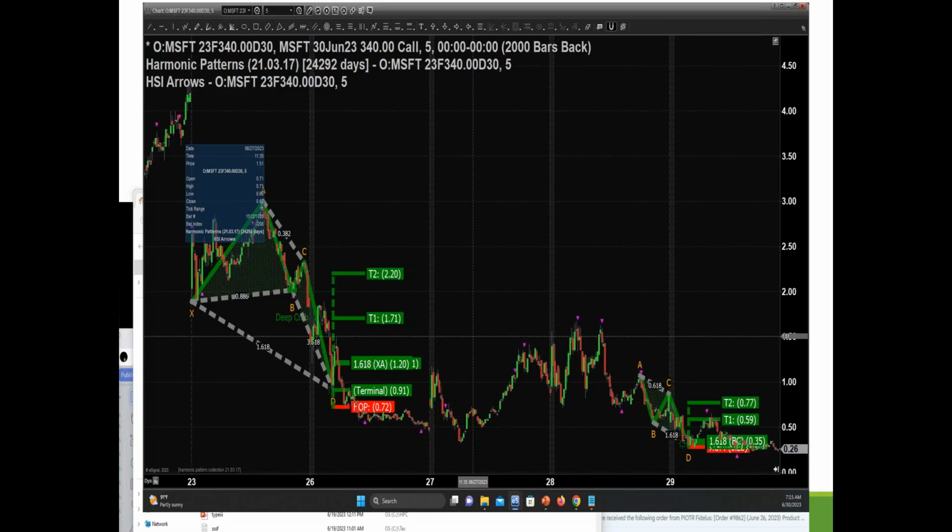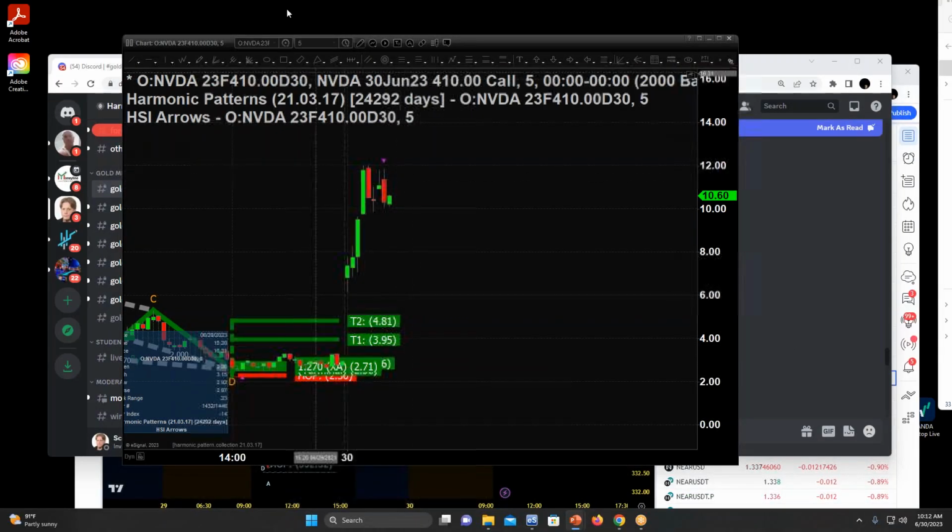So small size, small exposure with sizable winners, and stack 4, 5, 7, 8 of those trades before you start to really size up. I'll get into that in a minute, but this turned into this.